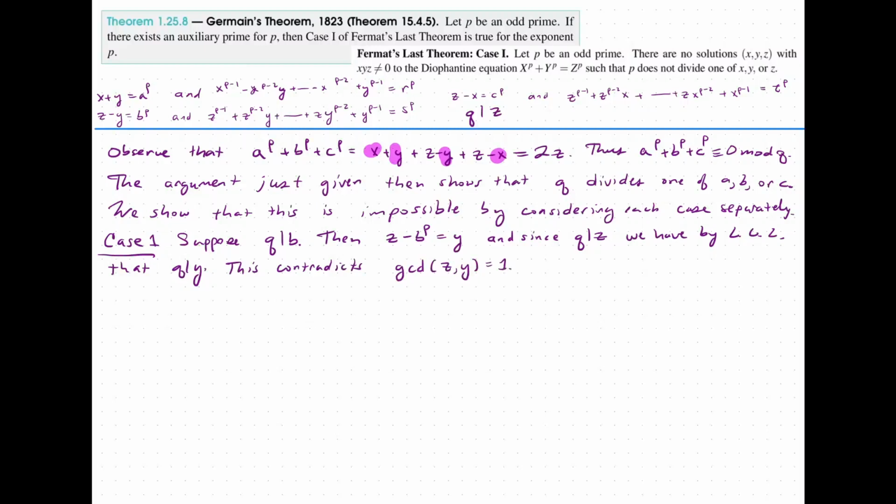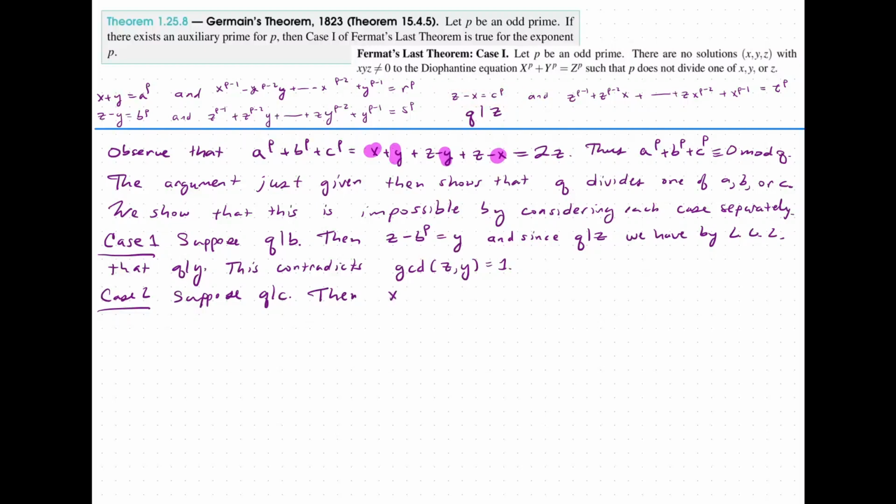A similar argument shows that the same thing will happen if we do q divides c. So if we take q divides c, then we come up here, we have z minus x is equal to c to the p.